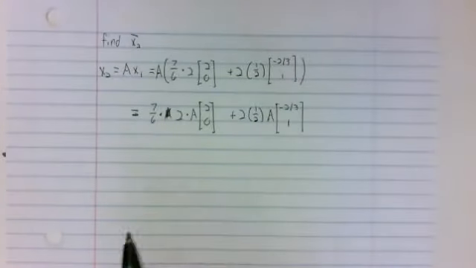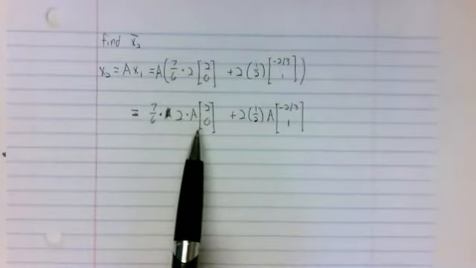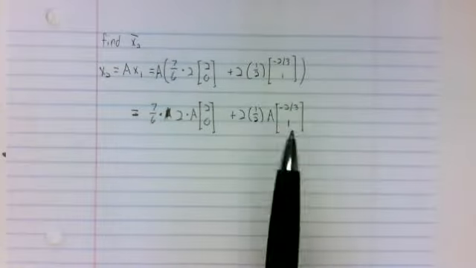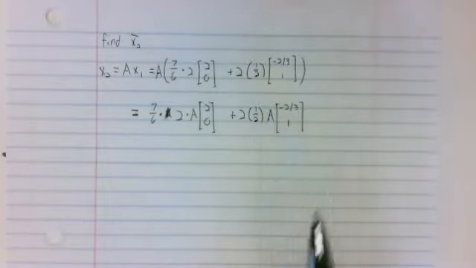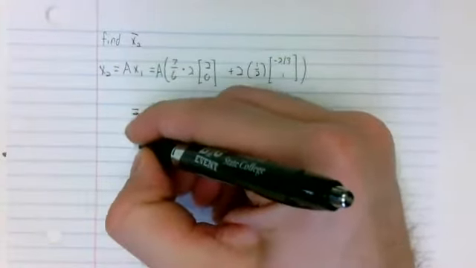And once again here, a matrix times an eigenvector, a matrix times an eigenvector.